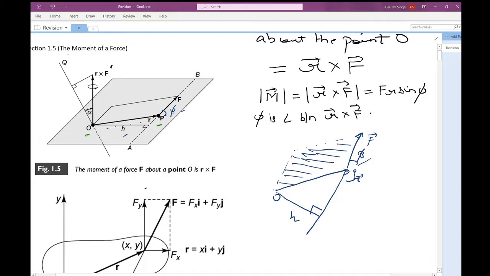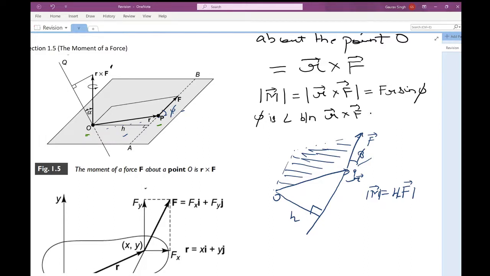H is the length of the perpendicular which you have dropped from O, and if you really want to find the magnitude of the moment, then you can also write it as H into F. You already know how this can be done.